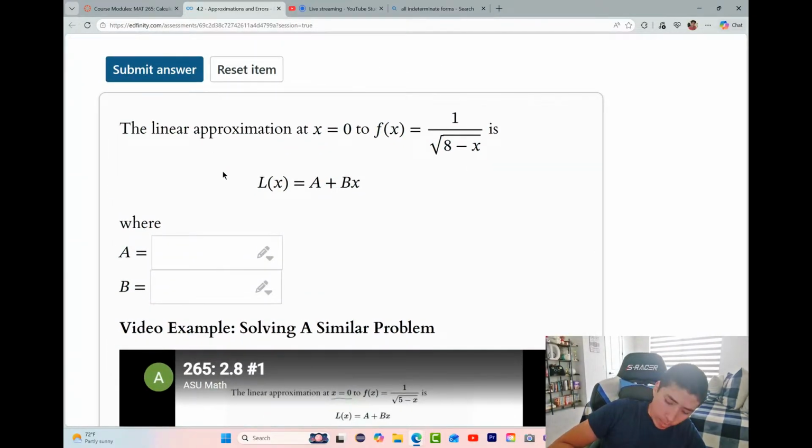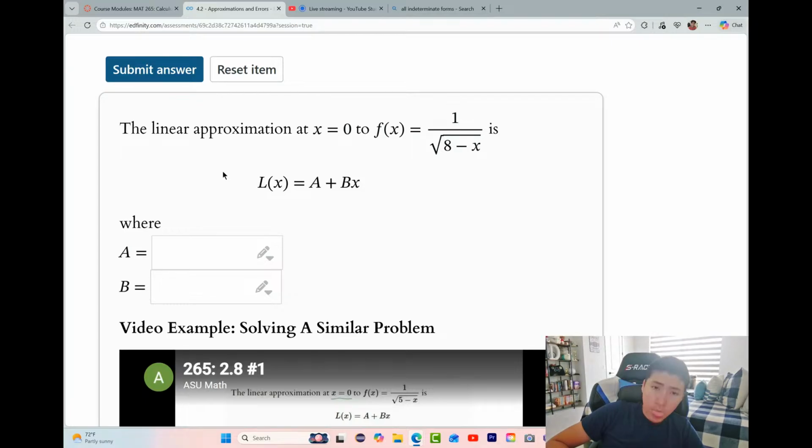So we have 1 over square root of 8 minus x. Okay, so we need to get something like L of x, at x equals 0, so L of 0 equals f prime of 0 times x plus f of 0.